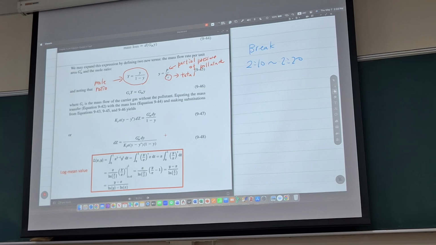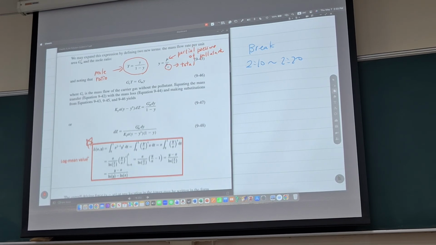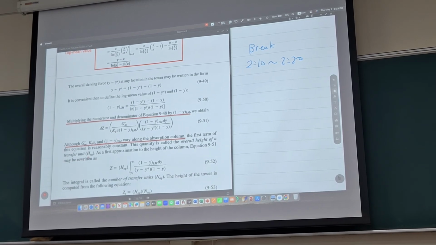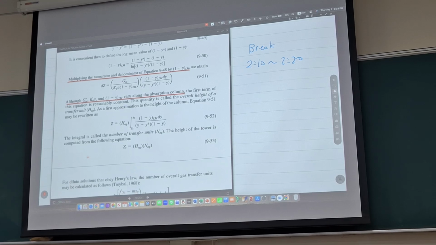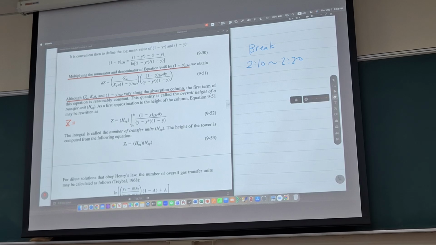Okay, I hope you guys are familiar with this so-called log mean value. So after that, we can obtain what we need: Z equals, okay, here. This is what we need.